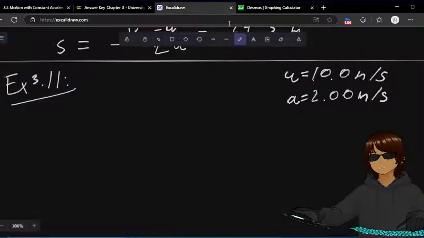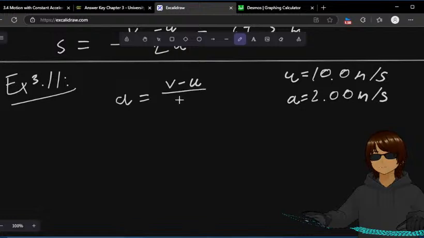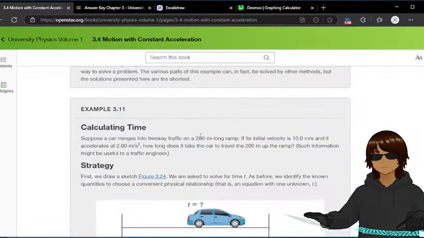The acceleration is constant. Acceleration is v minus u over t. But the thing is, they didn't tell us the final velocity.